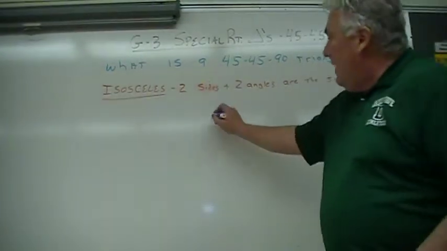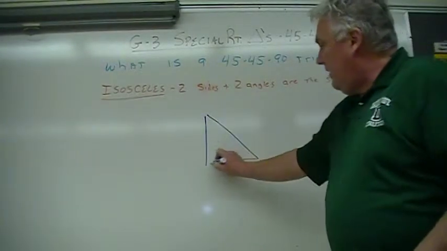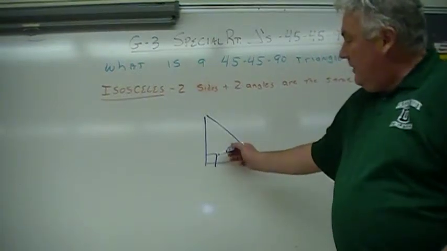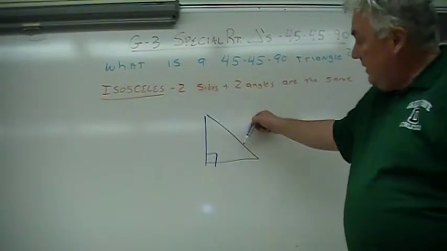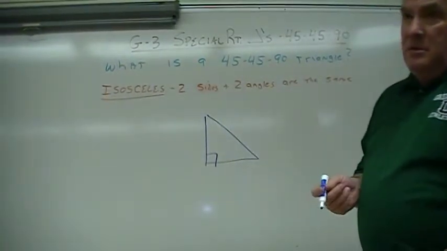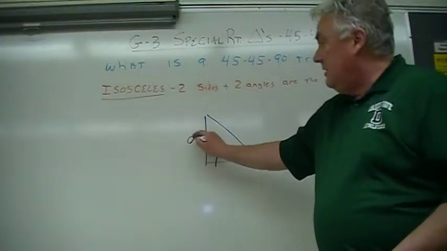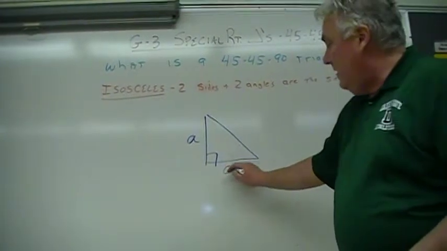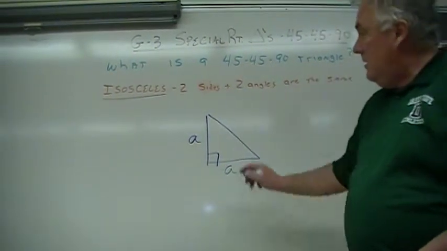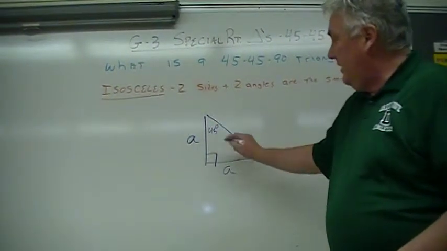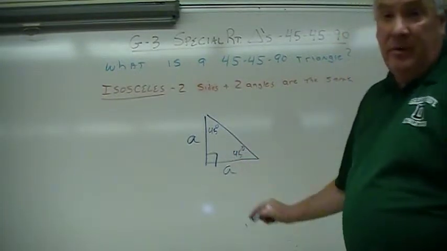So when we have a 45, 45, 90, this one's 90, so these other two are the same because we have an isosceles triangle. So this is length A, this is length A, this is 45 degrees, this is 45 degrees.